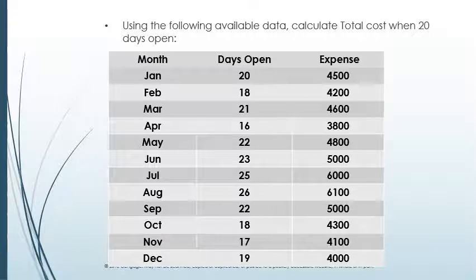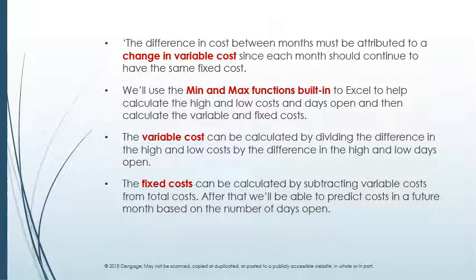We have months, days open, and expenses. We should know that the difference in cost between months must be attributed to a change in variable cost. So, we will use the maximum and the minimum built-in functions in Excel to determine the high and low days open, and from them determine the high and low costs.